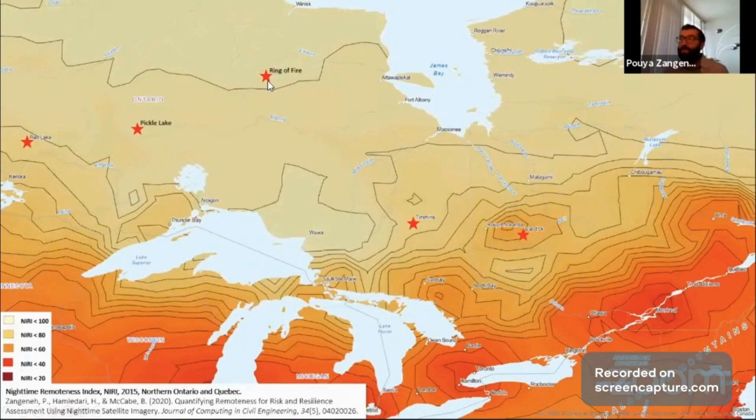Ring of Fire is the one that is getting developed right now, and it's quite remote. So you can come up with an established quantitative measure of difference between these in terms of remoteness risk.